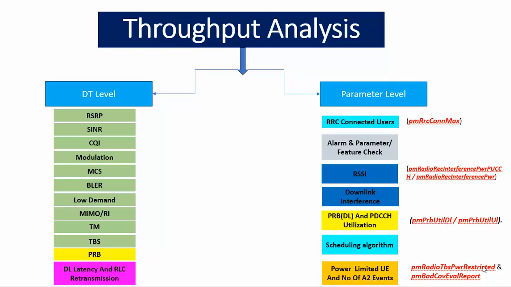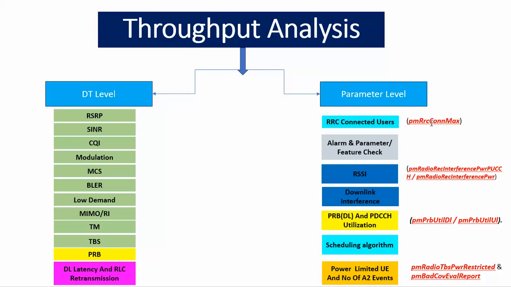That means the area where the UE is standing from the site has poor coverage, so coverage needs to be improved. And here there are PM RRC connected max and PM radio interference counters.